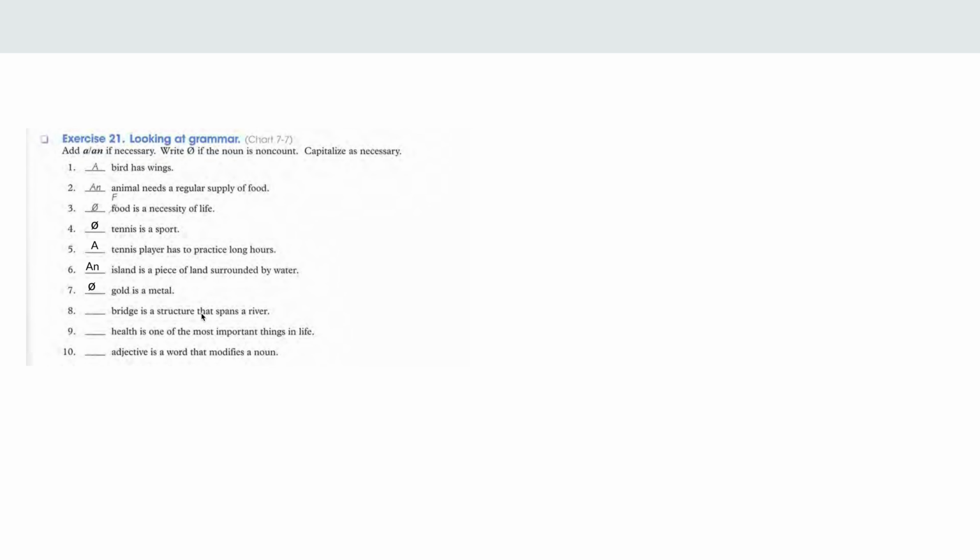Bridge is a structure that spans a river. Those two look similar. Should we use the or no article? I think we use no article, because the is for something specific, while here we also don't have to use the. And the ninth one: Health is one of the most important things in life.